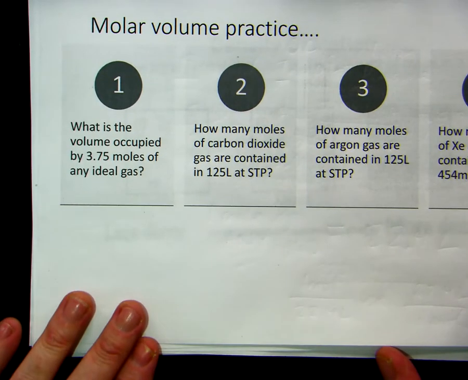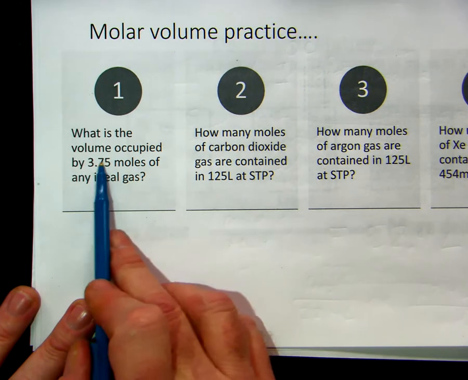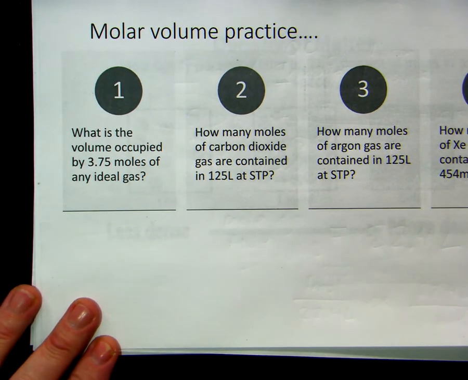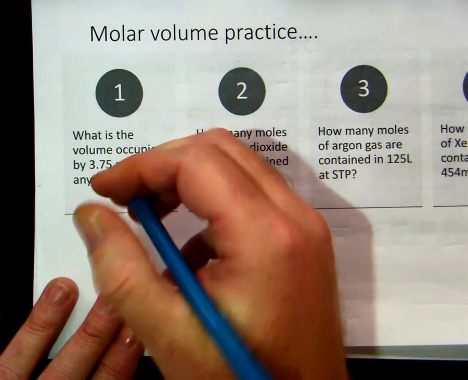Molar volume practice. So these are the types of questions you would get. If you had 3.75 moles of any ideal gas, or any gas in Chem 305, how much volume would it take up? How big would that gas cloud be under STP conditions? So these are all at STP.